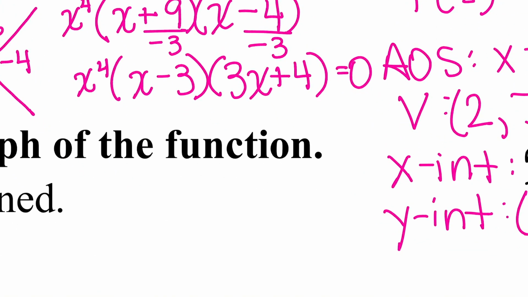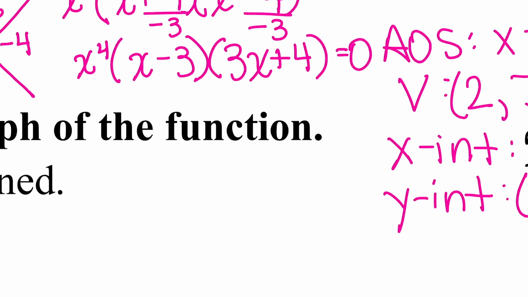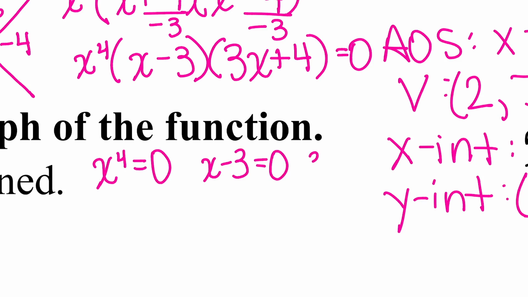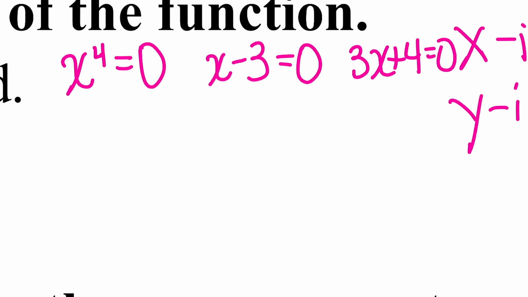So finding the zeros means that we have to set each individual term equal to 0 and then solve for x. So we're going to have x to the fourth equals 0, x minus 3 equals 0, and 3x plus 4 equals 0. Then we take the fourth root of both sides over here.